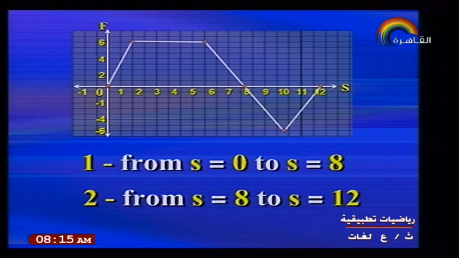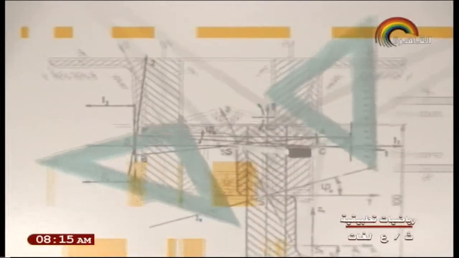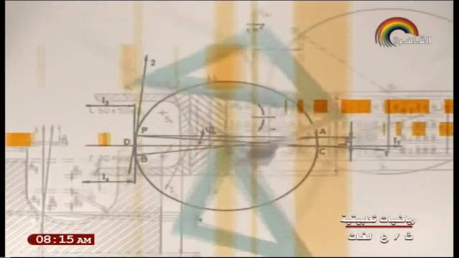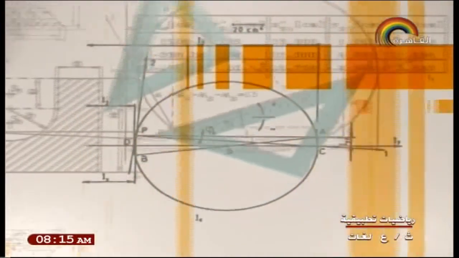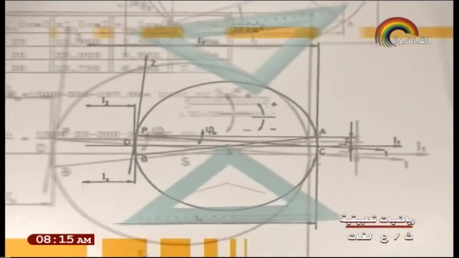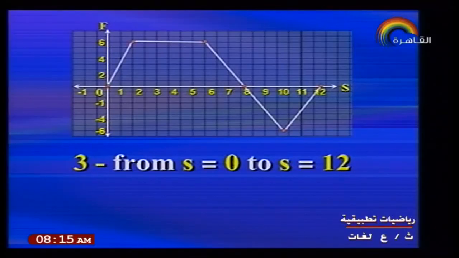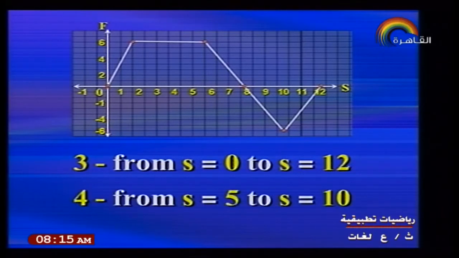Area of a triangle. The area of a triangle is half base times height, but the area of a trapezium equals base 1 plus base 2 over 2 times height. After that, how to find the work done from s equals 0 to s equals 12, from s equals 5 to s equals 10.